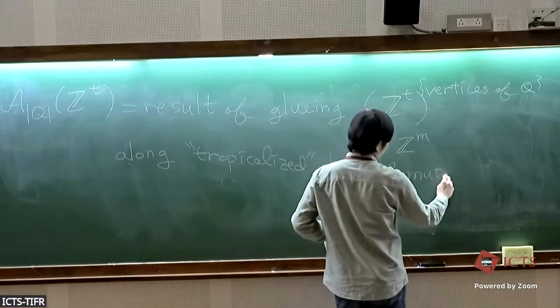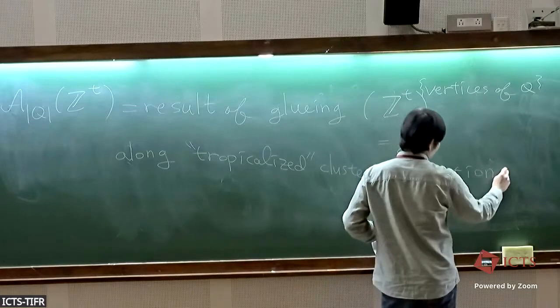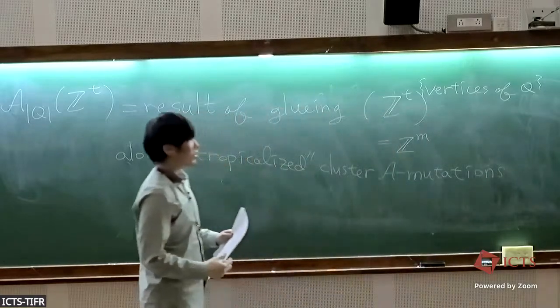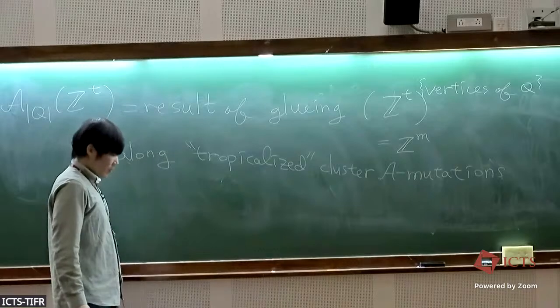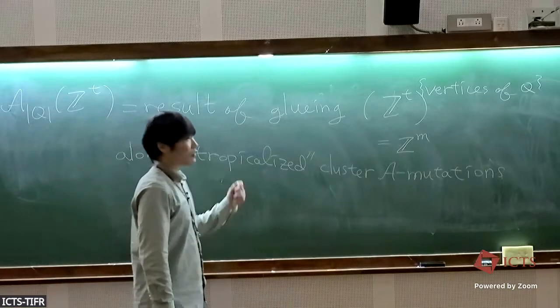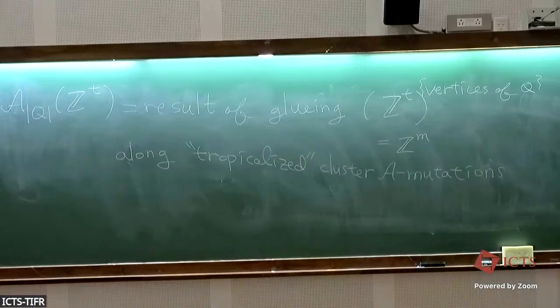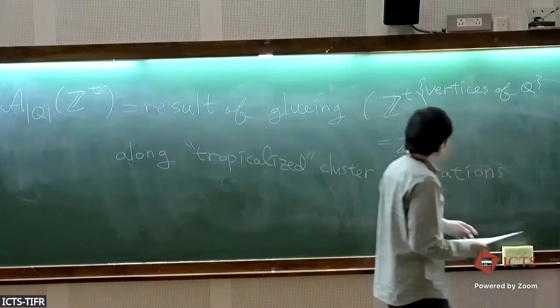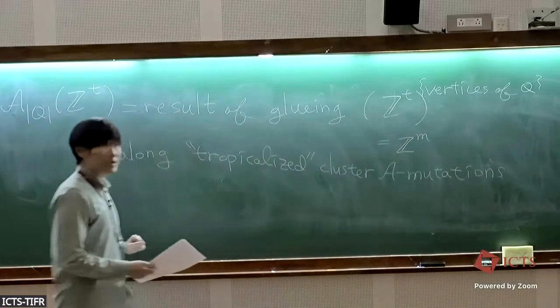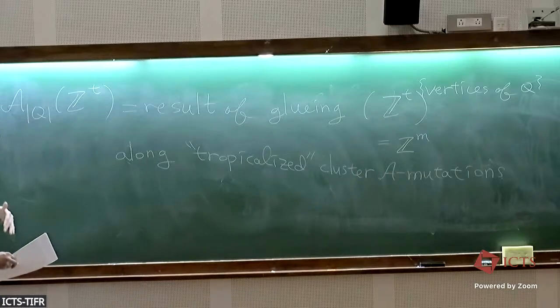So you take the cluster A mutation formula that we saw before, which is about formal algebraic variables, and they involve multiplication and plus and division, and replace these operations by these strange operations, then you get some tropicalized formulas. And that's what you use to glue different copies of Z^M. And it turns out that for the semi-field case, these gluings are all bijections.